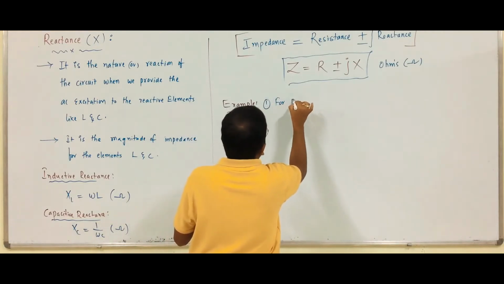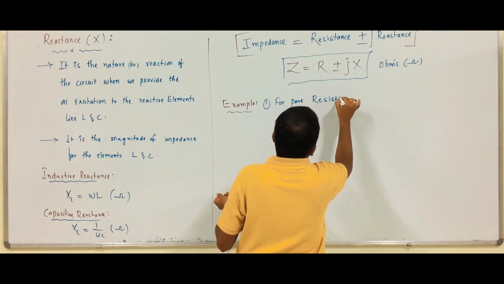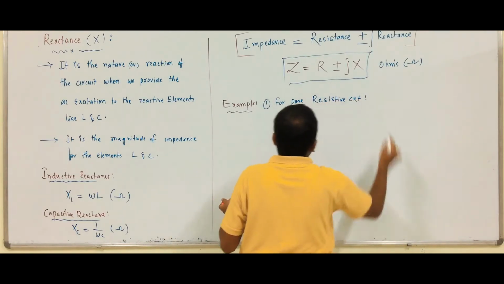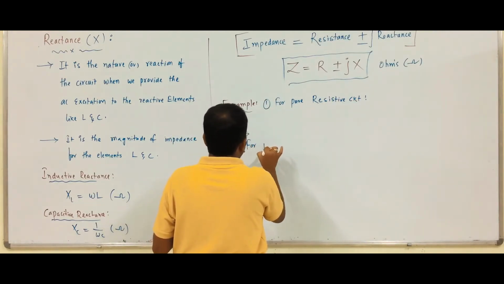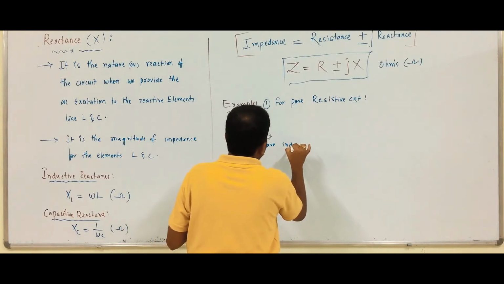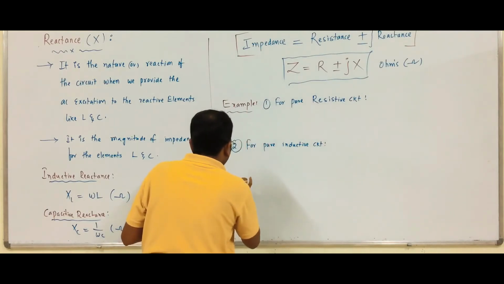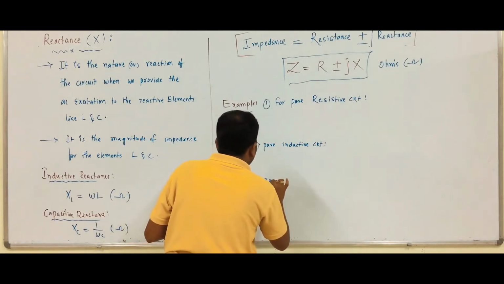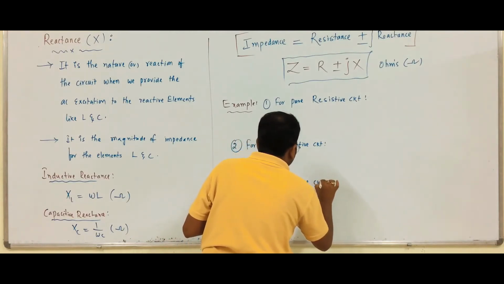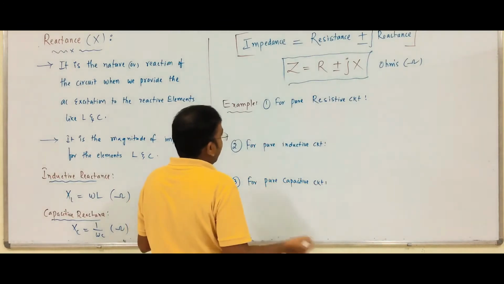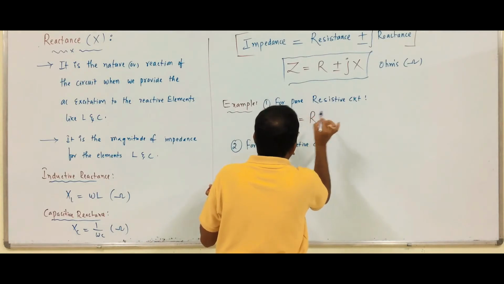For example, for a pure resistive circuit, what is the impedance? Like that, for a pure inductive circuit, and for a pure capacitive circuit, what is it? First we will discuss this. Z is equal to R only.